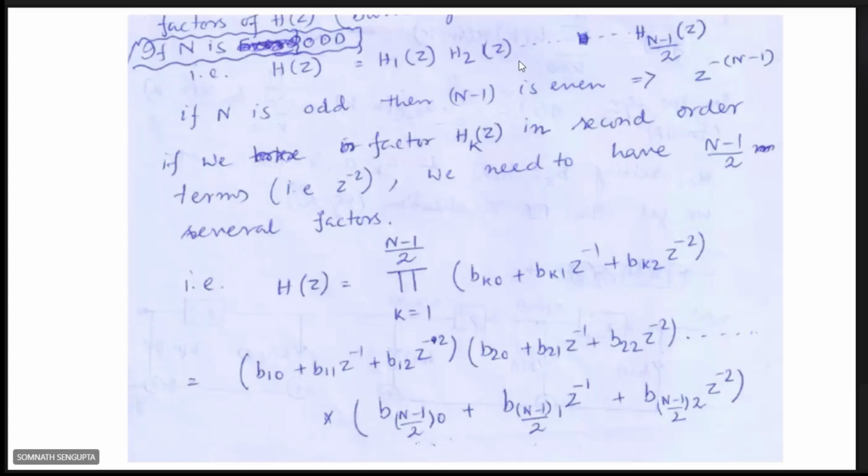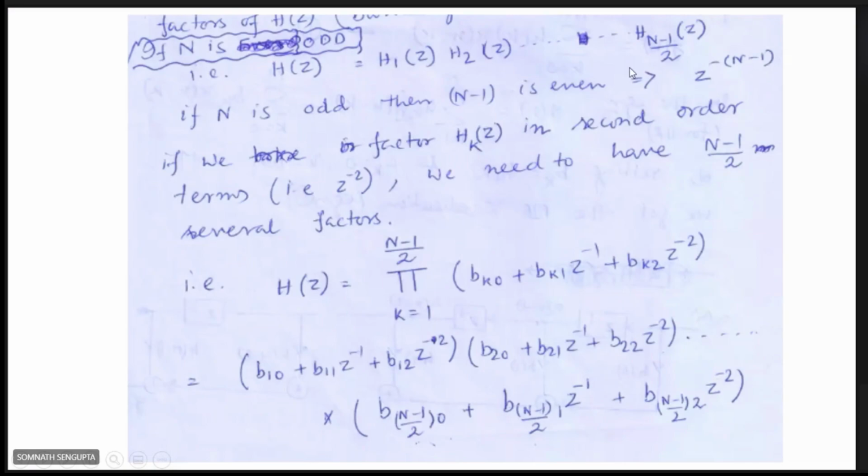So we go up to how many terms? We go up to the order of z to the power minus 1. That means if n is equal to 2, then we may go, if n is equal to say 3, that is odd.